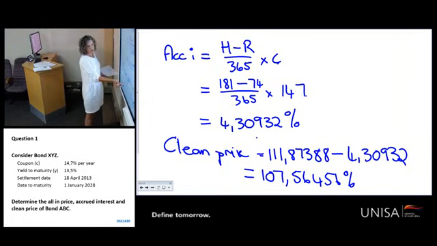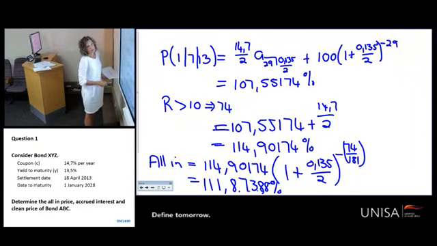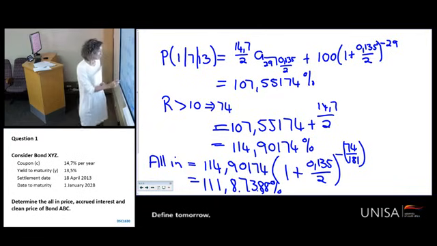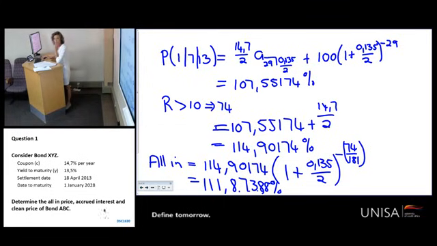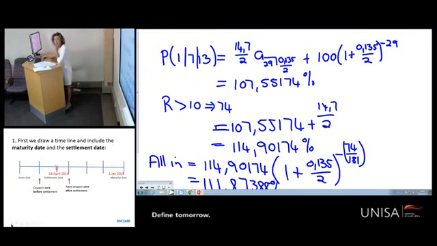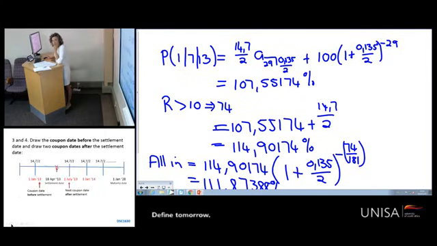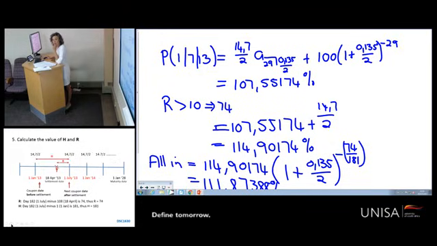Then our clean price was just our all-in minus our accrued interest, and previously we worked out our all-in price. Very important. Remember to add your coupon because your R value was greater than 10. Looking quickly at our PowerPoint, we draw those values. Then our maturity dates, we got 1st of January and the 1st of July. We then added them to our timeline.